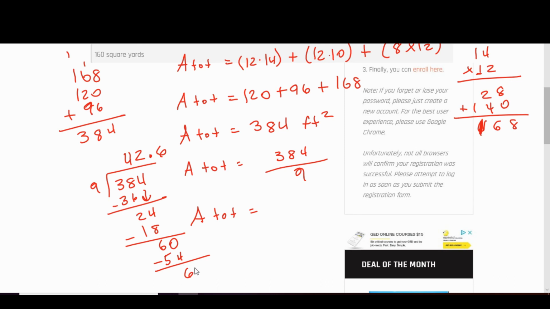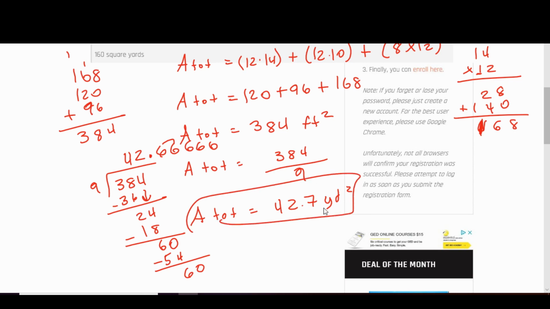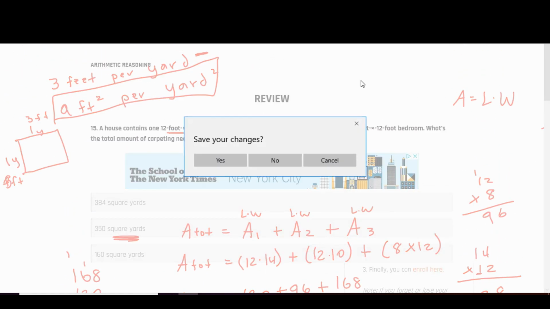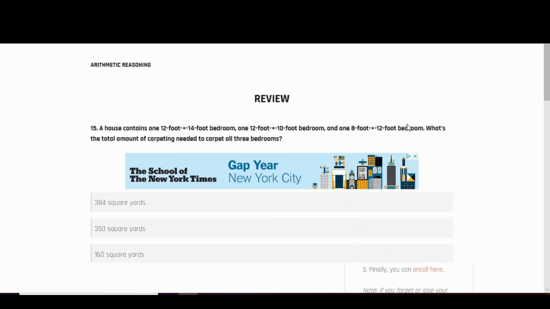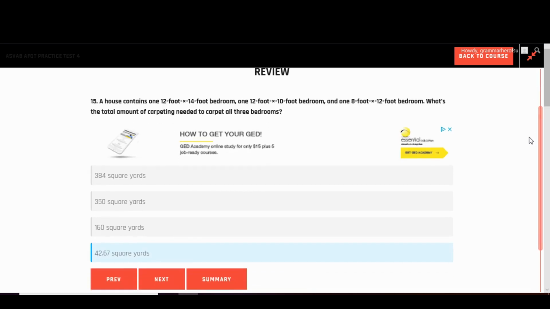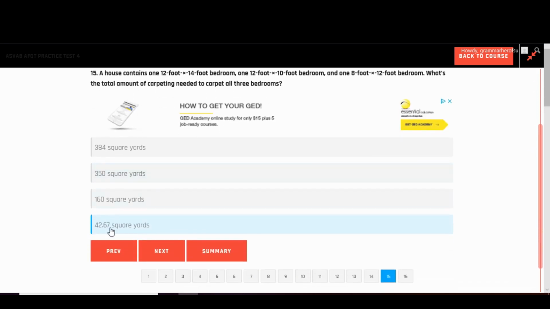Again, 9 doesn't go into 6, so we add a 0. 9 goes into 60 6 times. So we can see that this is going to repeat infinitely. So I'm going to go ahead and round this to 42.7 yards squared. Okay. Let's see if they did that in the answer choice. And they did. Okay.